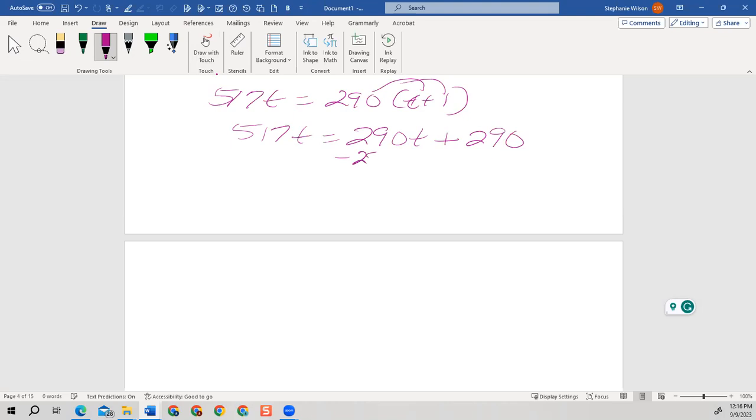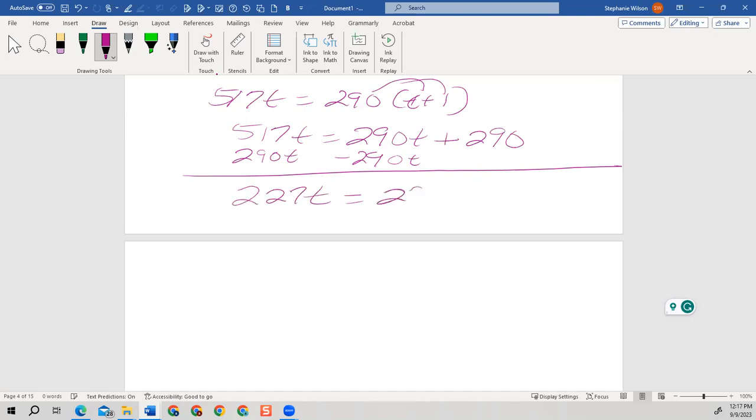Let's subtract the 290 from both sides, because I wanted to get the T on the left-hand side. And then, so I have what? 517 minus the 290 gives me 227T is equal to 290.